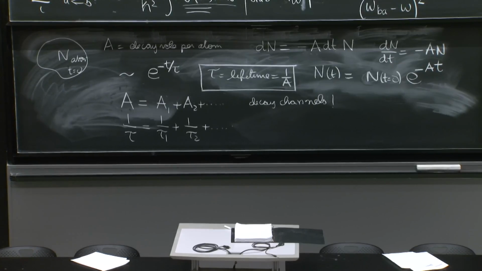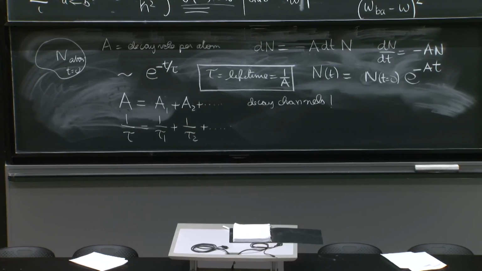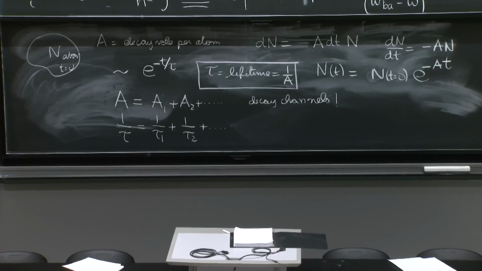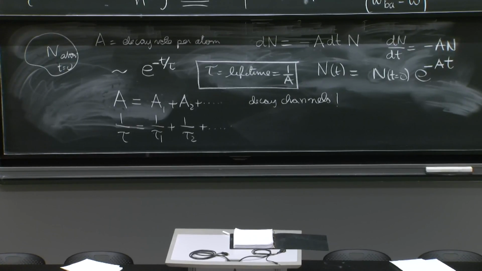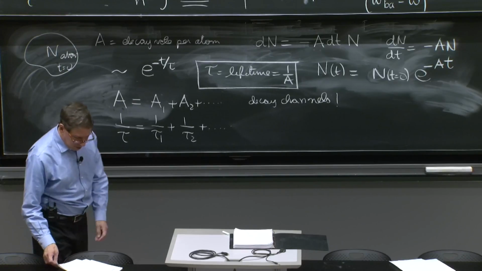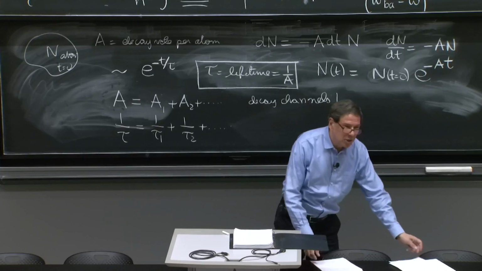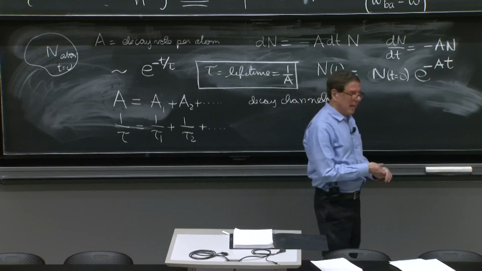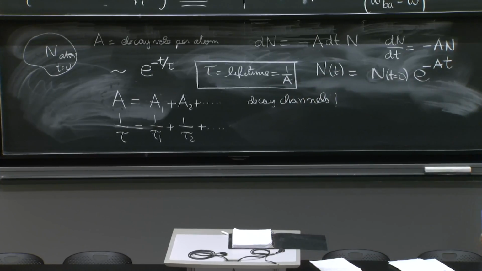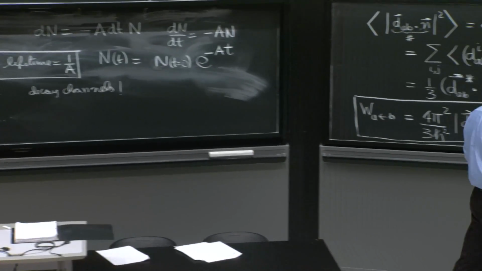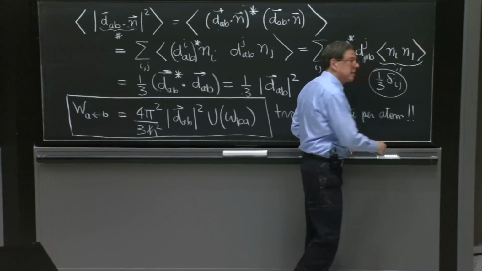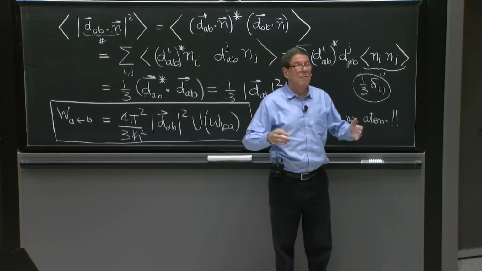So if you have a process that can go in various ways, you may want to combine them to get a total lifetime. So the last thing we should say about this, the last thing we're going to do, is mention what happens when you really try to calculate these things for hydrogen levels.